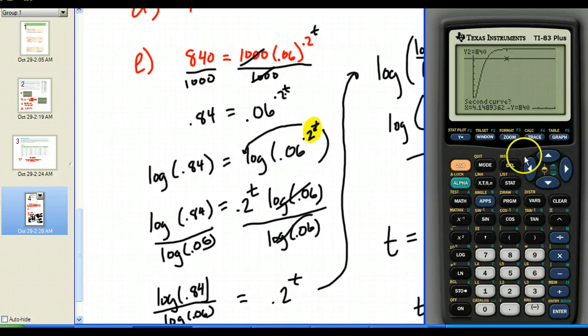Second curve, that's the horizontal line at 840. Alright, and then for our guess, let's try to get close. Alright, and then there's again the 1.72. So you can do it with your calculator. Just remember, left side one of the y's, right side the other, and then find that intersection. That'll always work for any of these equations.